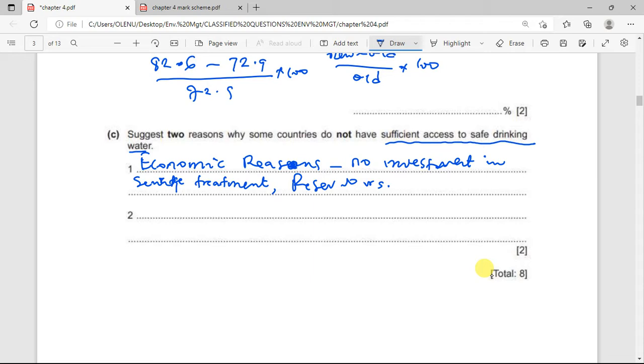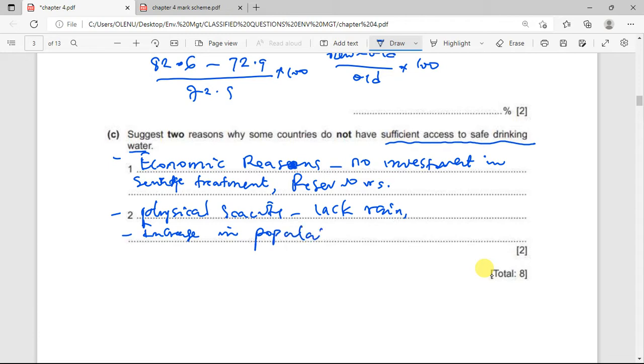Then another thing that can lead to this is physical scarcity. Physical scarcity can be lack of rain or lack of precipitation. Another reason can be that there is an increase in population, which also can lead to this.